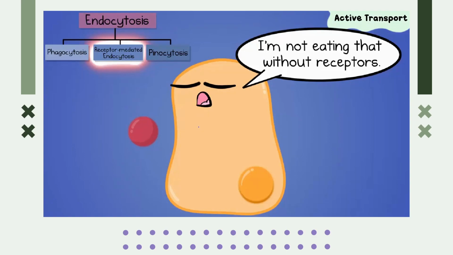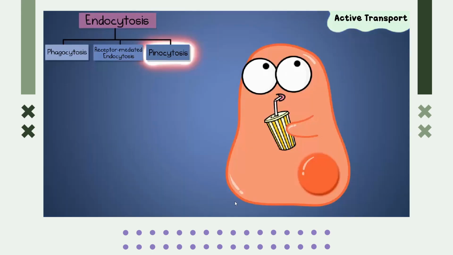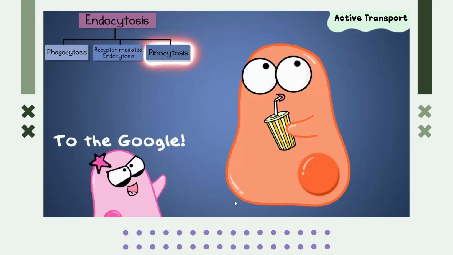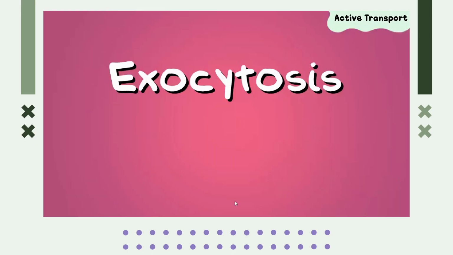This is where cells can be very picky on what's coming in because the incoming substances actually have to bind to receptors to even get in. Or pinocytosis, this allows cells to take in fluids. So go to Google to find out more details of the different types of endocytosis.